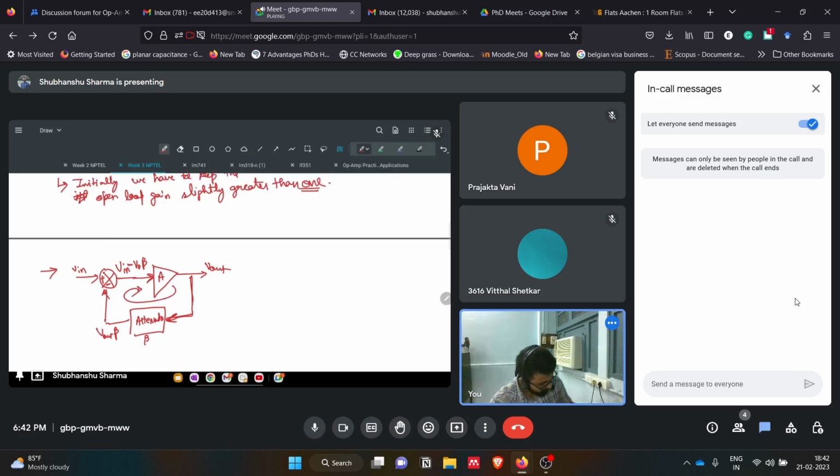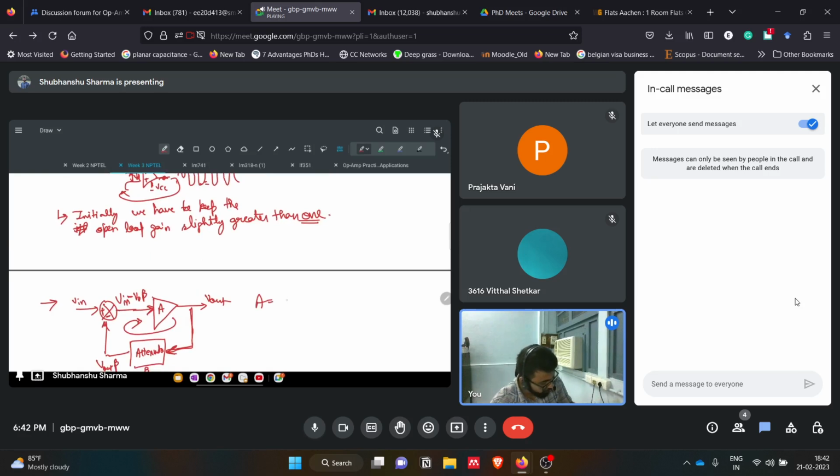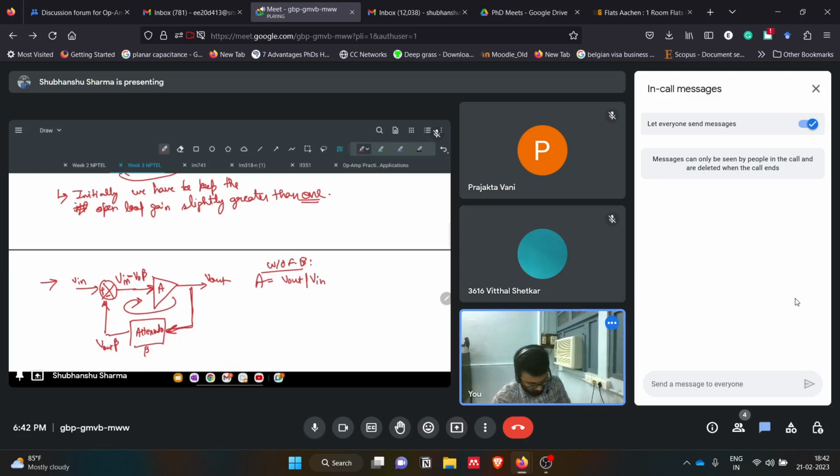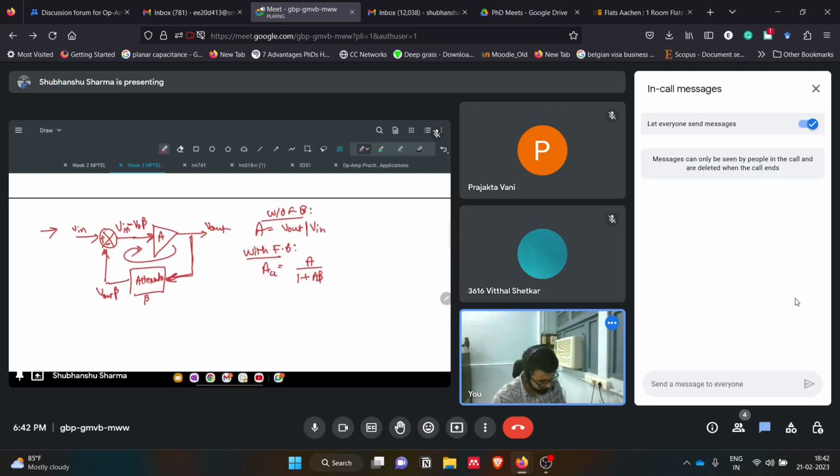So we had gain without feedback. Without feedback, what will the gain be? It will simply be V out by V in. Then with feedback, what will the gain be? With closed loop feedback, we get the gain A upon 1 plus A beta. This is the closed loop gain.